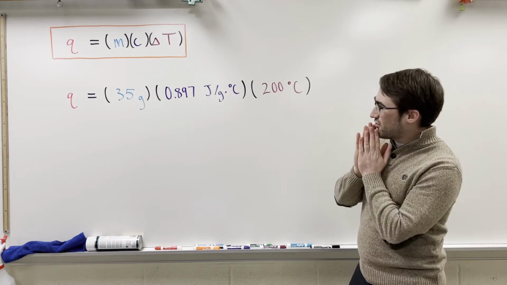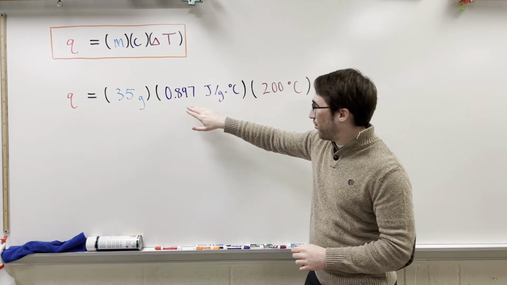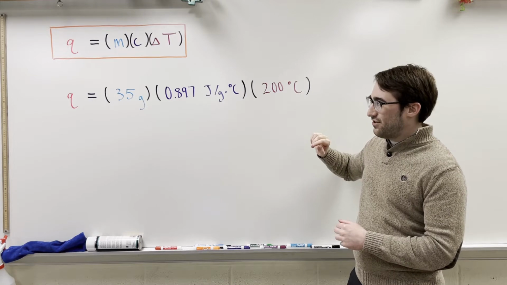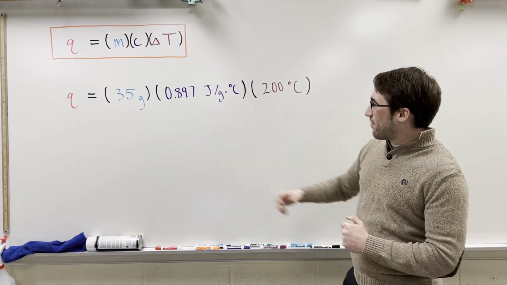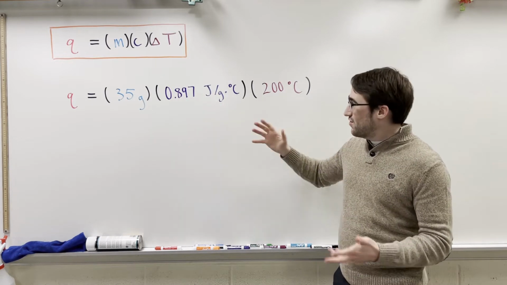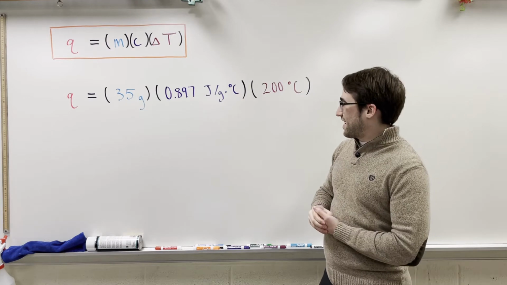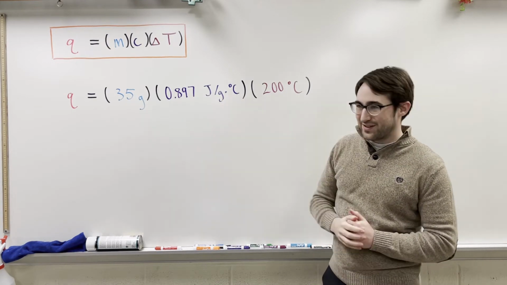Okay, so now how does that work out? Well, math-wise, you just take 35 times 0.897 times 200, but how do we get the unit that we want? Because right now we got a whole bunch of junk here. Well, remember that this specific heat capacity's unit is joules per gram per degree Celsius. You can kind of think of this as it's getting multiplied and then divided by the grams in degrees Celsius.